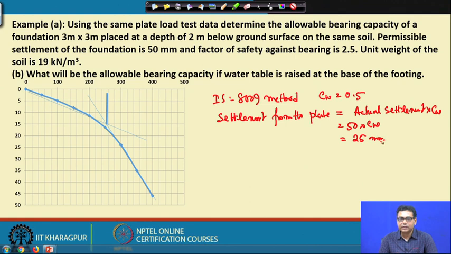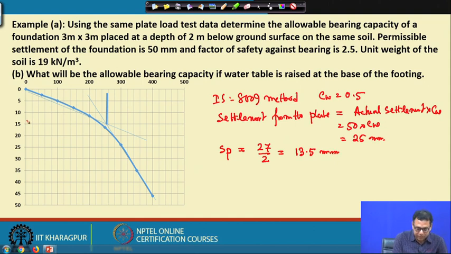You calculate the settlement corresponding to the 25 millimeter. If for 50 it is 27, then for SP corresponding to 25 millimeter, it will be 27 divided by 2, which is 13.5 millimeter.